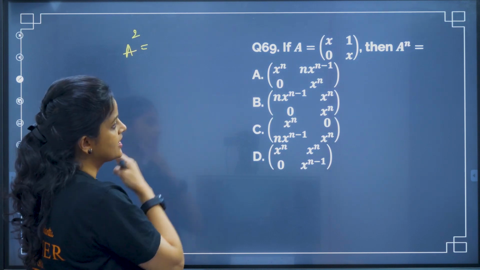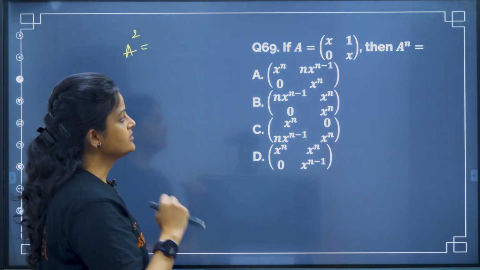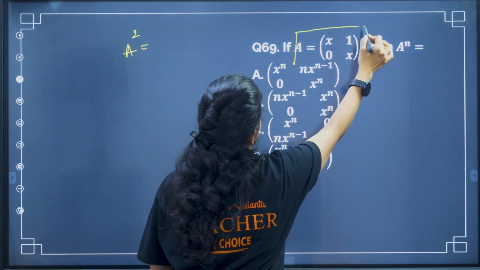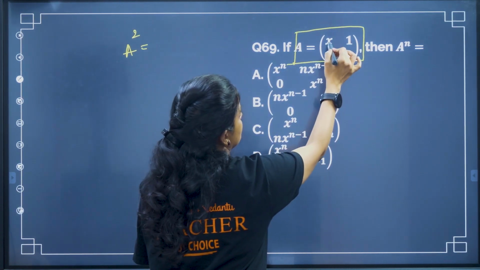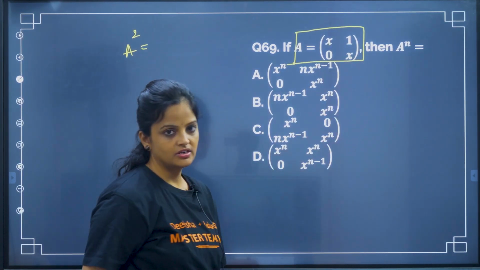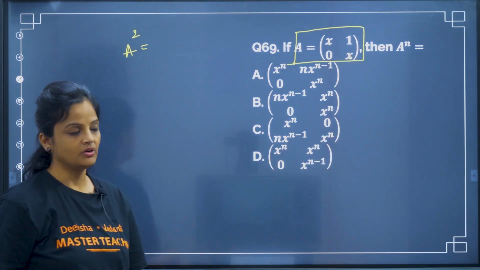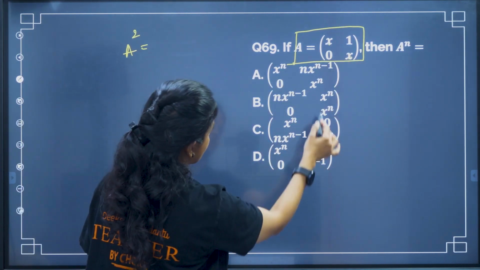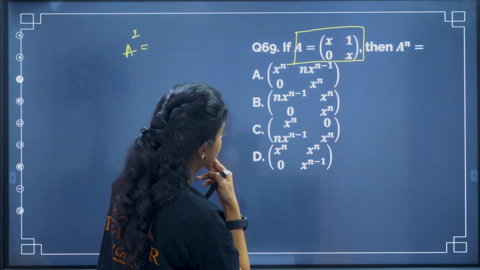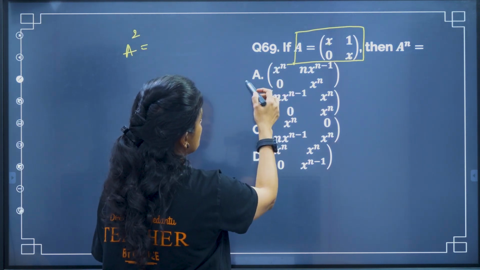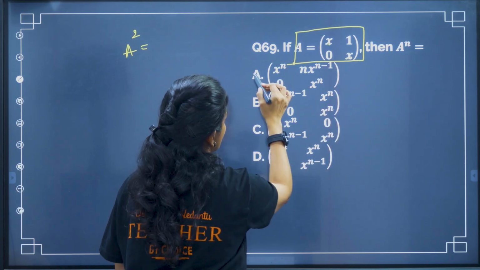Okay, I am studying the pattern here. So what is the pattern it is following? Let's see. A is already here. The number we have here, the same number we have here, the entry. These two are the same. Okay. If I see only this option, I'll keep this on hold.